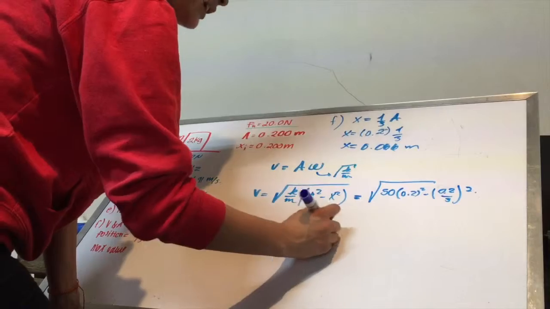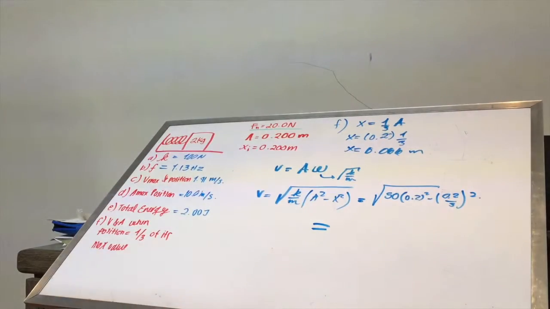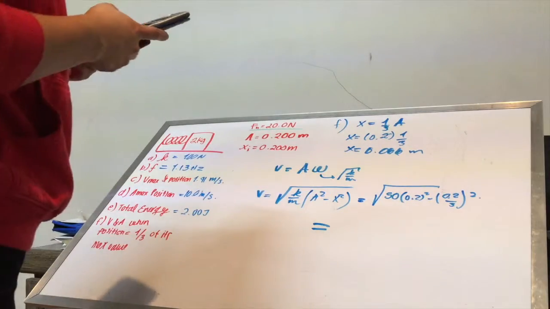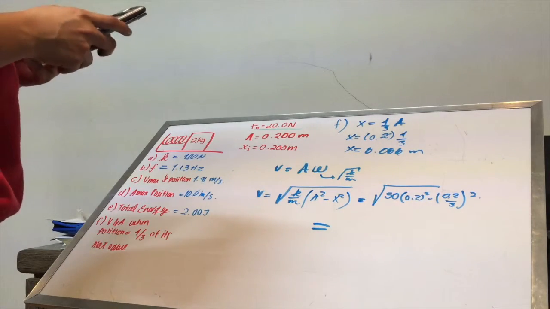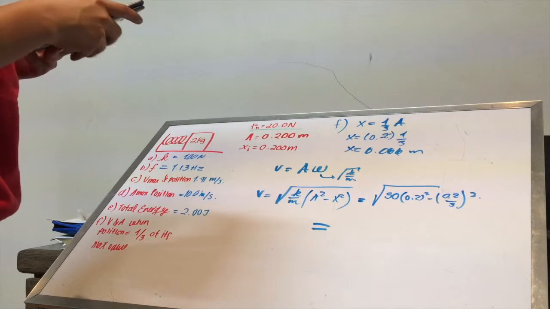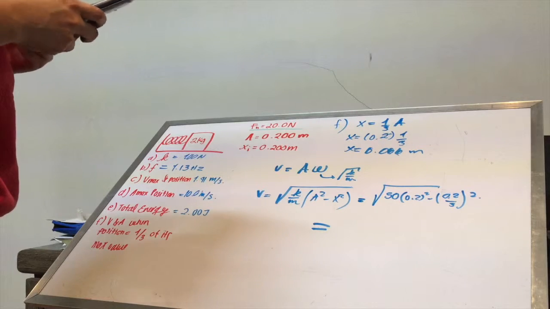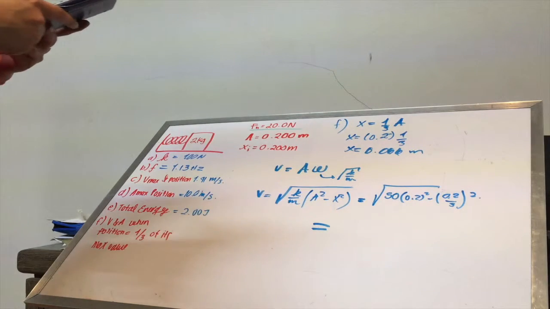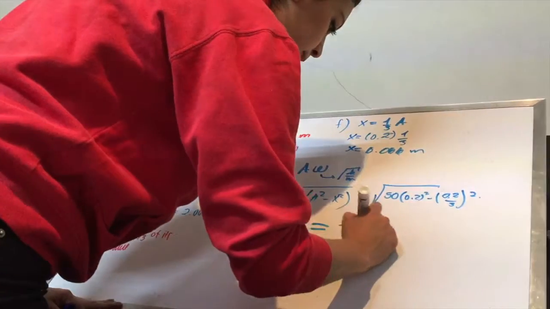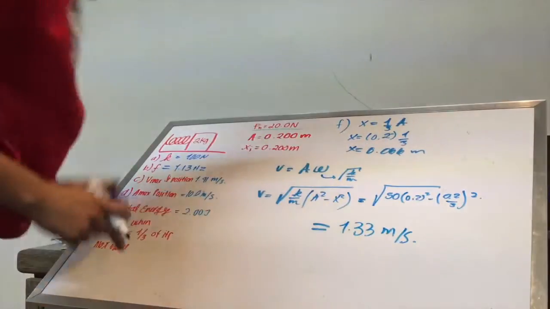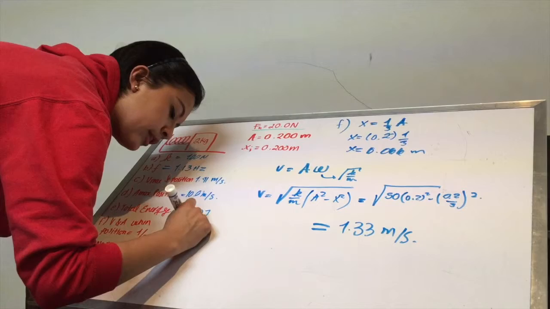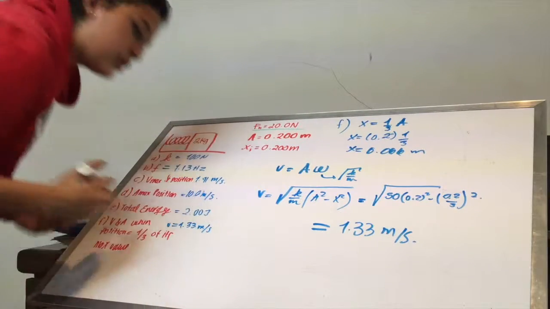So we get the square root of 50 times 0.2 squared minus (0.2 over 3) squared. This is equal to 1.33 meters per second for the velocity when it's at 1/3.